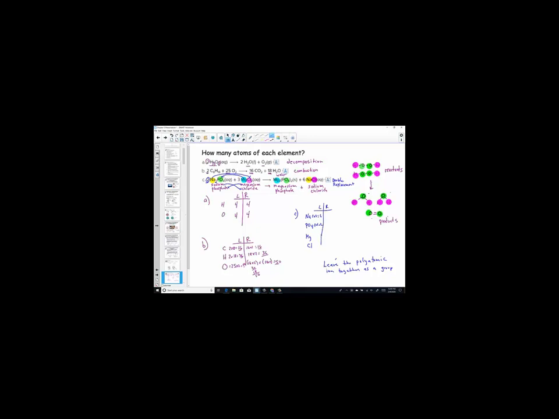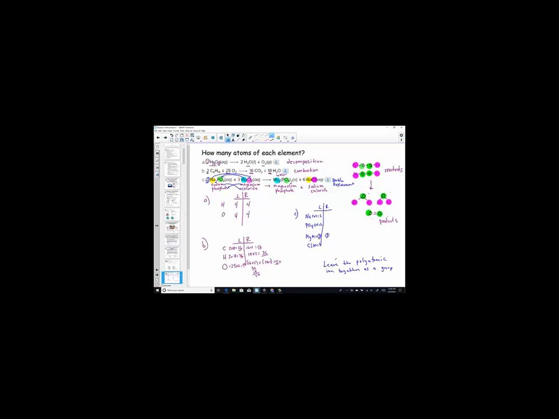On the other reactant, we have MgCl2, so 3 times 1 gives me 3 magnesiums, and 3 times 2 gives me 6 chlorines. On the opposite side of the arrow, I can count 3 magnesiums, that's balanced, 3 on both sides.